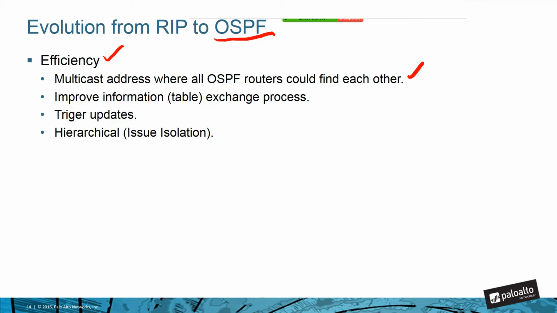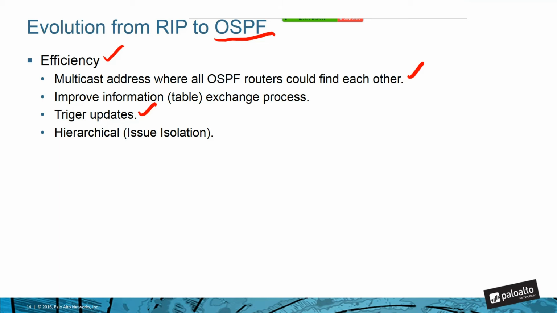The other thing that they will have is triggered updates, which means once the topology is converged in all the routers, once every single router has a good view of the network topology from their point of view, there is no need to keep exchanging tables.